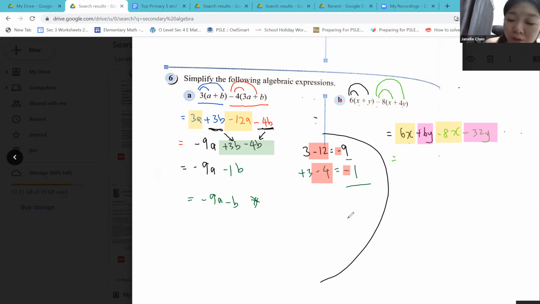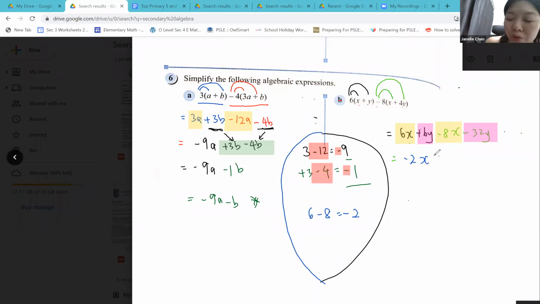I'm going to write at the side here as well: 6 minus 8. The difference between 8 and 6 is 2. 8 has the negative, 8 is the bigger number, so negative here. So here it is going to be minus 2x.